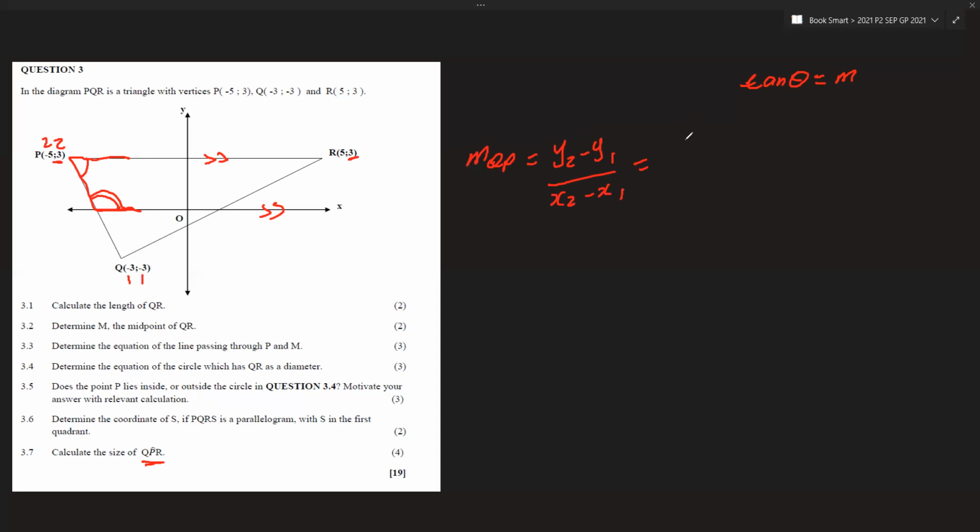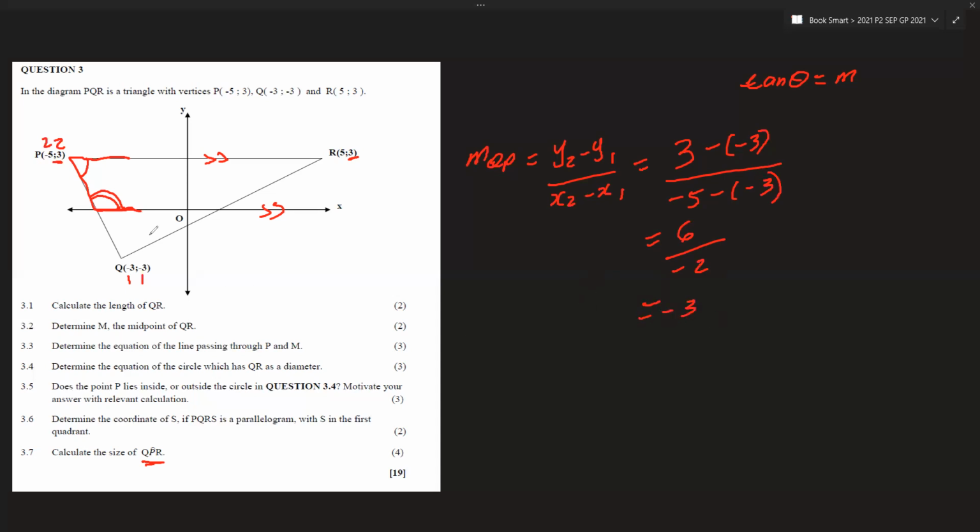My y2 will be 3, and then my y1 will be -3, so minus -3, over my x2, which will be -5, minus x1, which is -3. And then let's see what I get. At the top, I get 6. At the bottom, I get -2. So the gradient is -3.